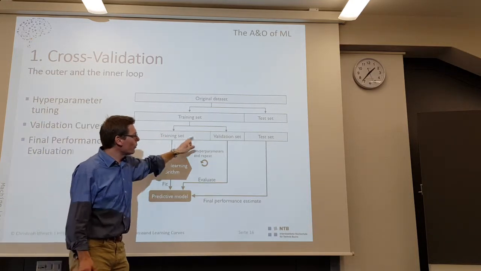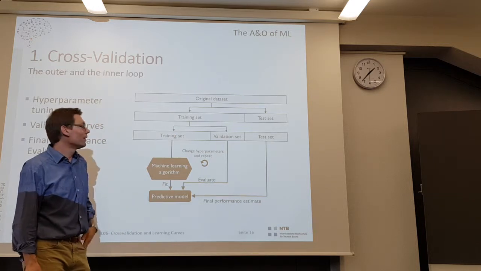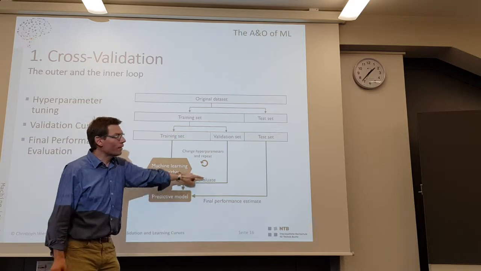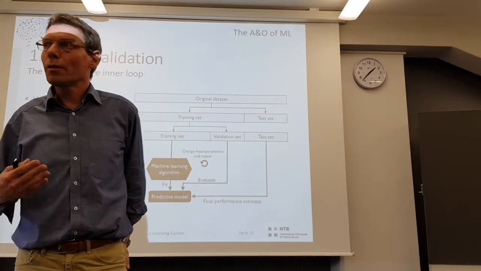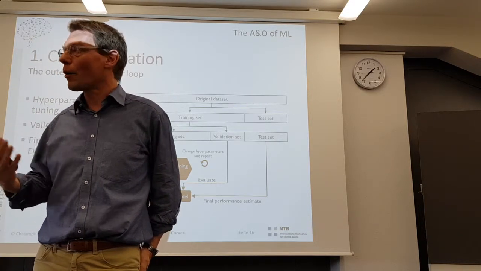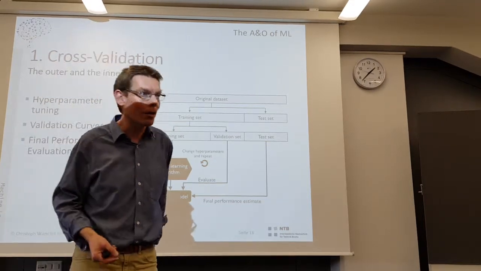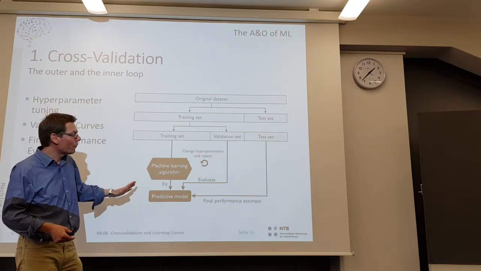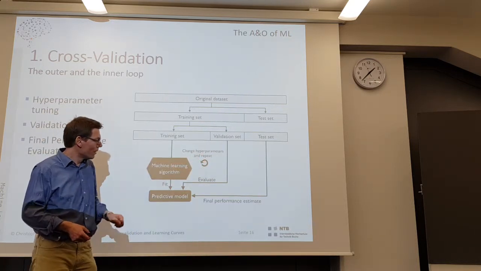What we do here is separate the training set again into a validation set and again a training set. Using this cycle, also called the inner loop, we determine the hyperparameters of our model. If it's a parametric model, we determine these parameters for different given hyperparameters. When we do this in a repetitive way, this could actually be a grid search that runs inside here.